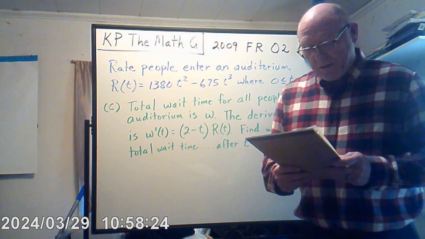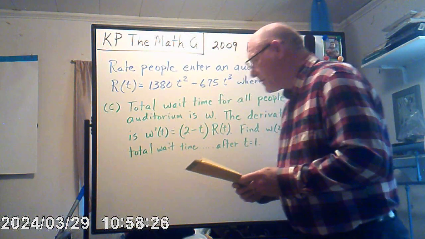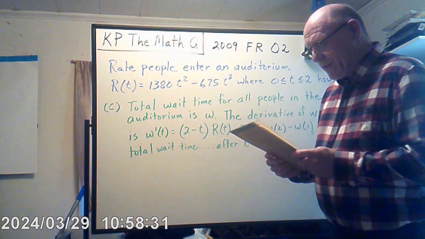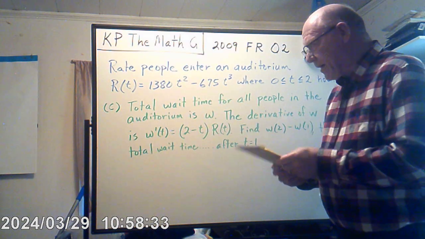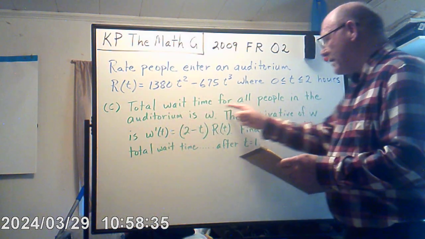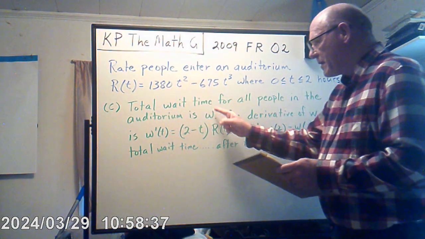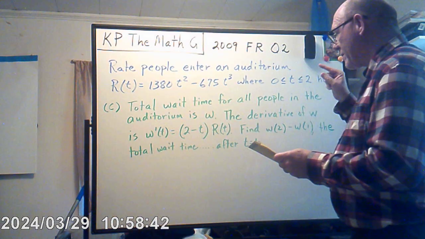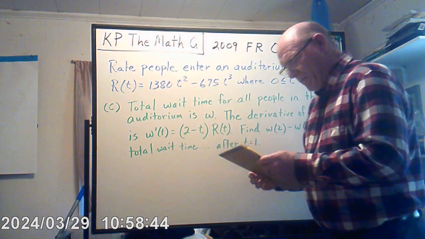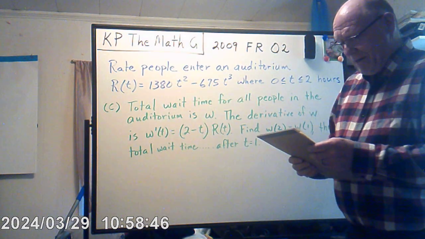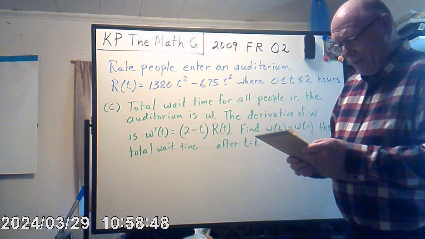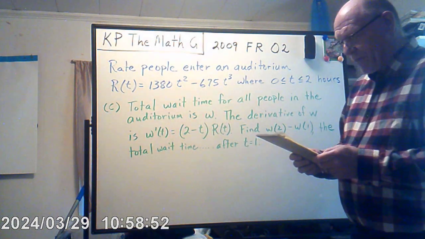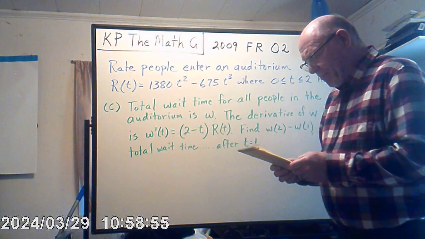The function W models the total wait time, and that's what I said, total wait time for all people in the auditorium is W. The function W models the total wait time for all the people who enter the auditorium before time t.